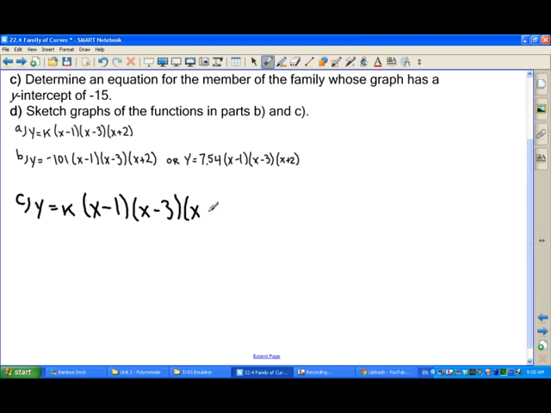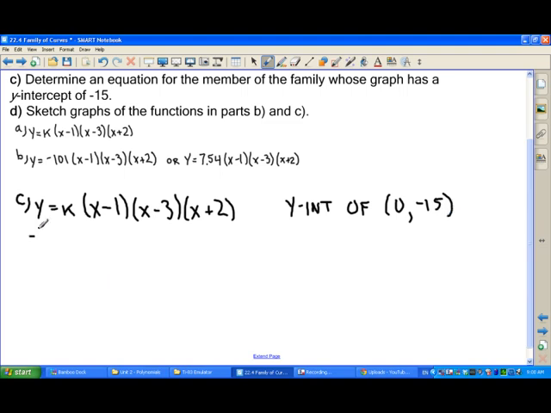So in part C, we're being asked to find the equation of a member of this family whose graph has a y-intercept of negative 15. A y-intercept of negative 15 means that the point we're going to sub in will be (0, -15).